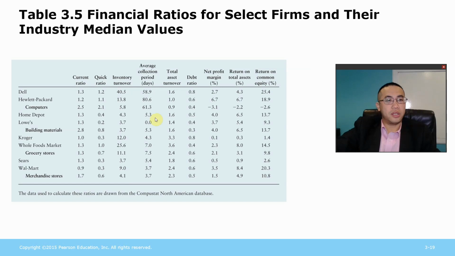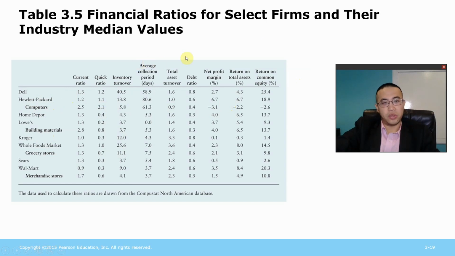And here is a comparison of companies. So you see you have Dell, HP, which are in the computer industry, Home Depot, Lowe's, and also different other industries. And here are the ratios. You have learned these ratios in your financial accounting class for sure.